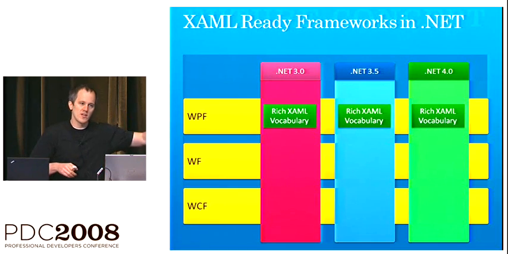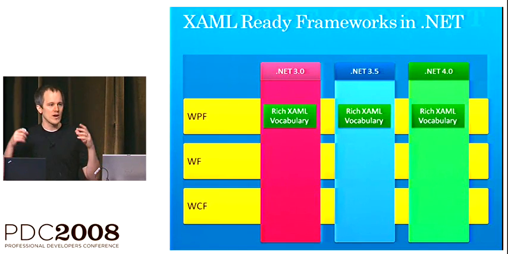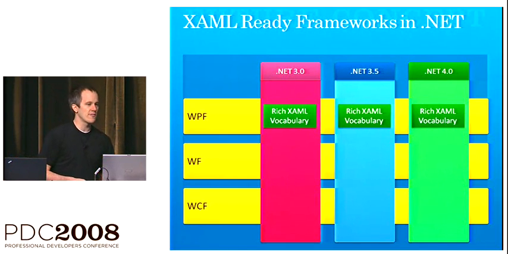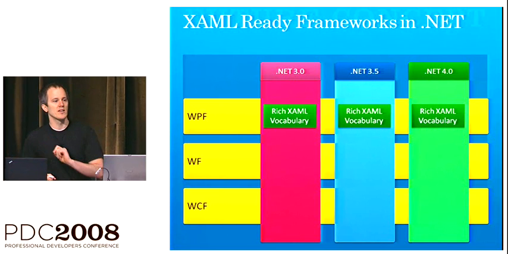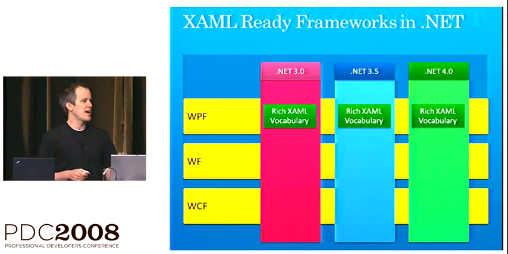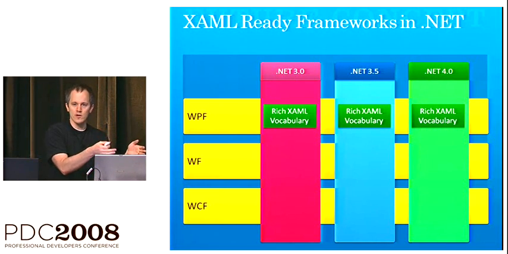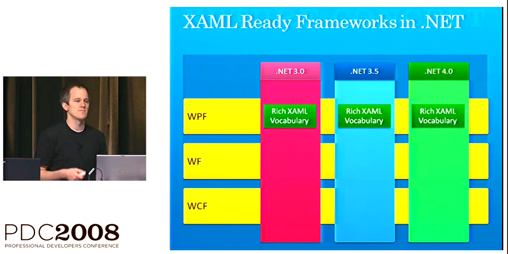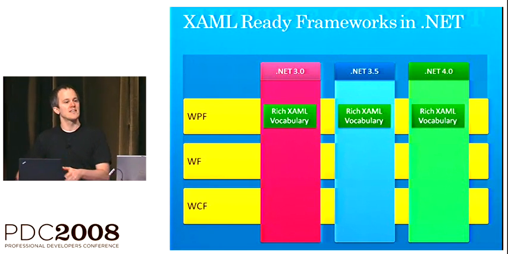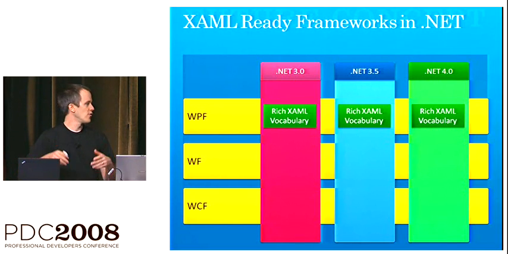You could then separate your UI from your code. We've got great tools now for WPF. Similar things happening in Silverlight 1. We had some initial XAML support for graphics and animations and media. Silverlight 2 adds more, richer XAML vocabulary with support for more controls and layouts.